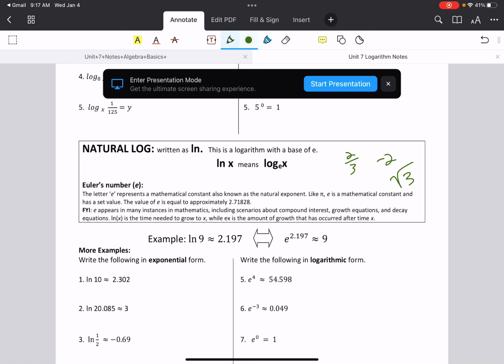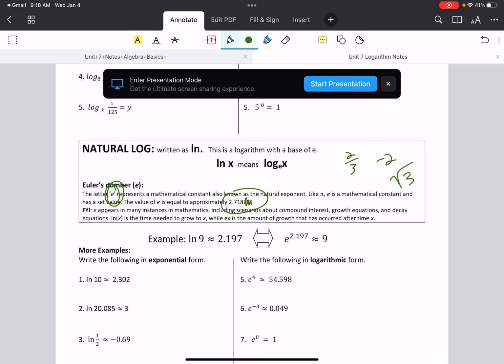What's the most common one that you guys have known for years? Pi, very good. Okay, last unit, when we did compound interest, we learned about another one, E. Okay, so just like you guys have memorized always that pi is 3.14, we need you to memorize that E is 2.718. Yeah, you don't need to know all 5 of those. 2.718 is pretty good, okay? But because of compound interest, our PERT equation from last unit, you guys remember what I'm talking about, right?